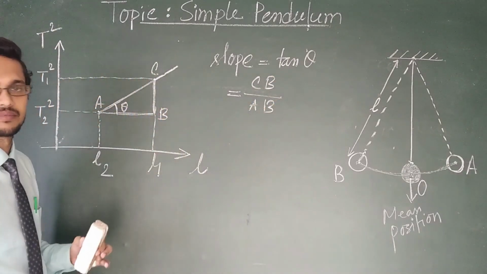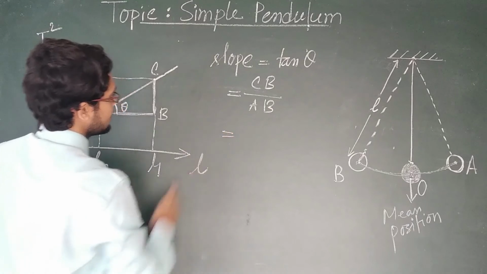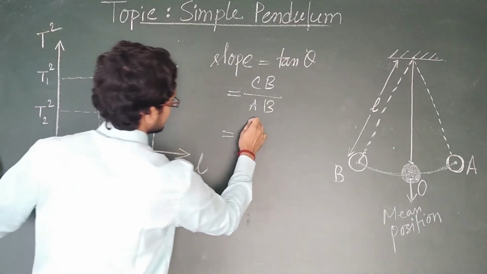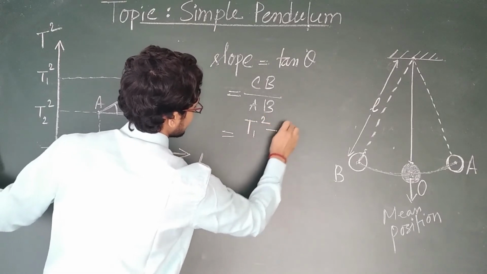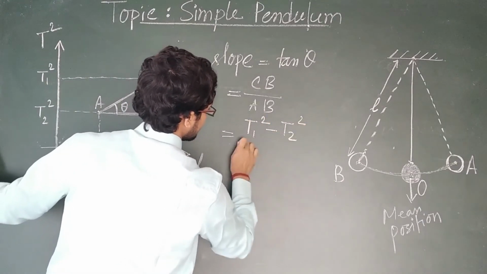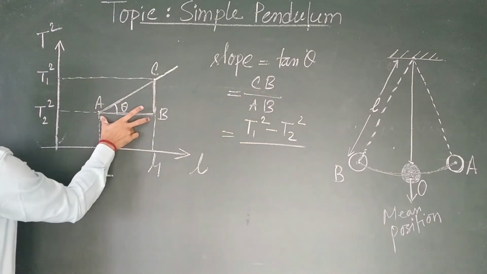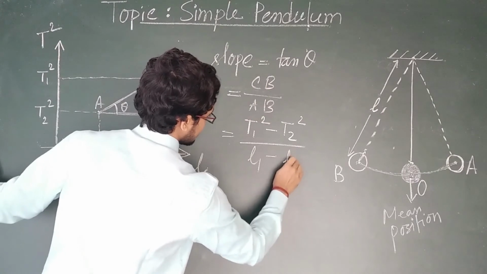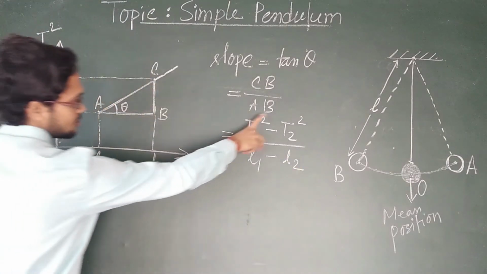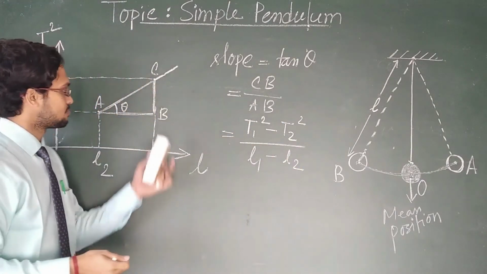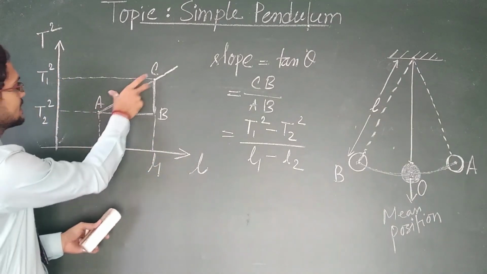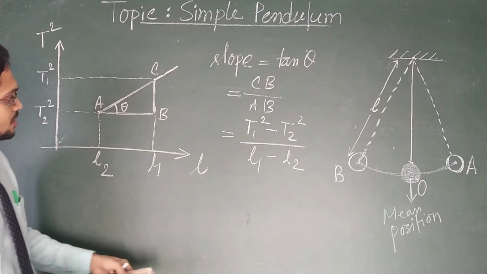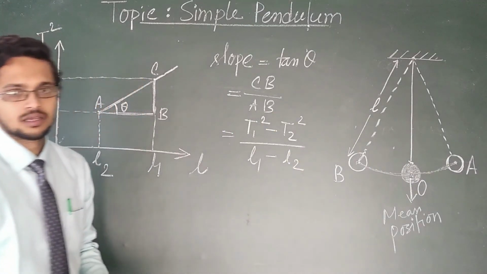Now CB means this distance, so this is T1 square minus T2 square, divided by AB, which means L1 minus L2. This is the slope that we can calculate from this graph, taking any 2 points on the curve.